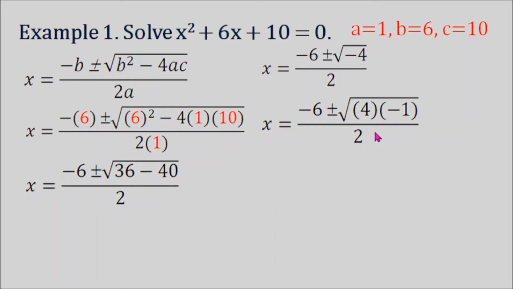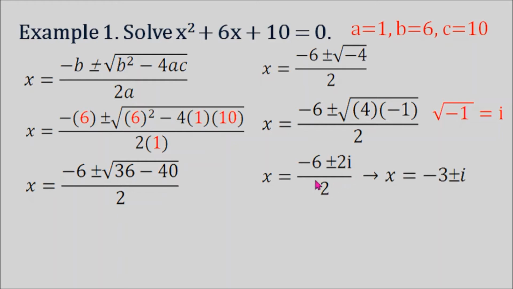2. And we can define square root of negative 1 as i. So we have negative 6 plus and minus square root of 4 is 2 and square root of negative 1 is i. So all over 2. And we can simplify furthermore because negative 6 and 2i can be divided by 2.